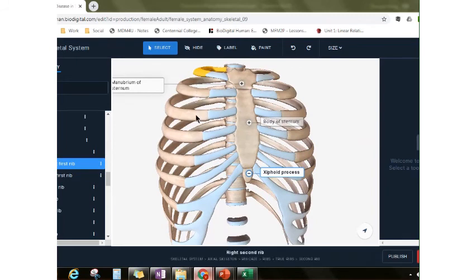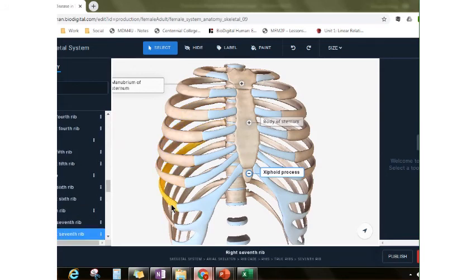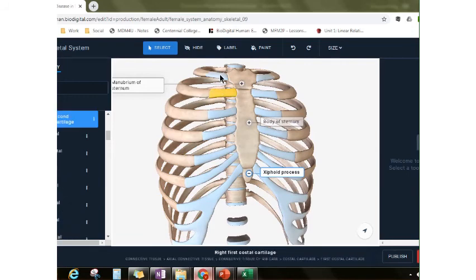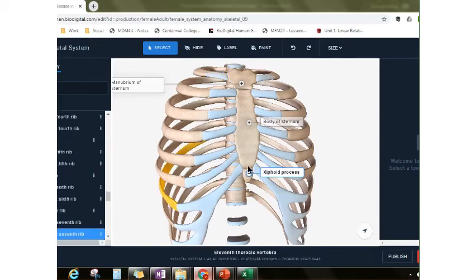So 1, 2, 3, 4, 5, 6, 7. These are called true ribs. They're true ribs because they connect to the sternum through their own cartilage. Okay, so these are called costal cartilage. So the first pair has its own costal cartilage, and all the way to number 7 has its own costal cartilage, right? So 1 through 7, we call them true ribs.